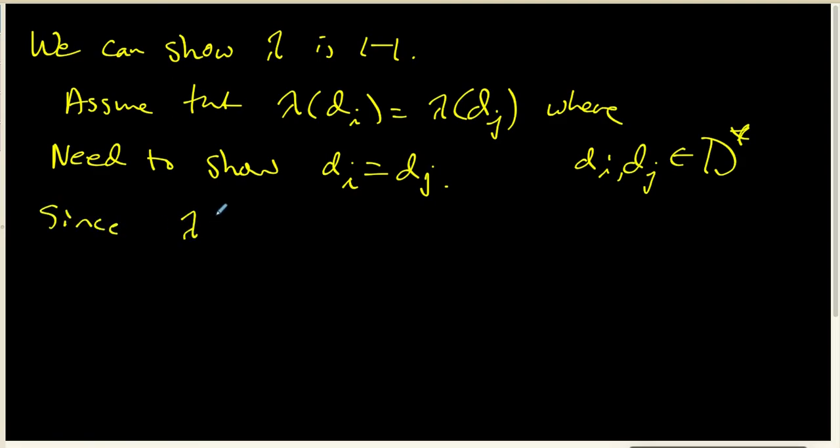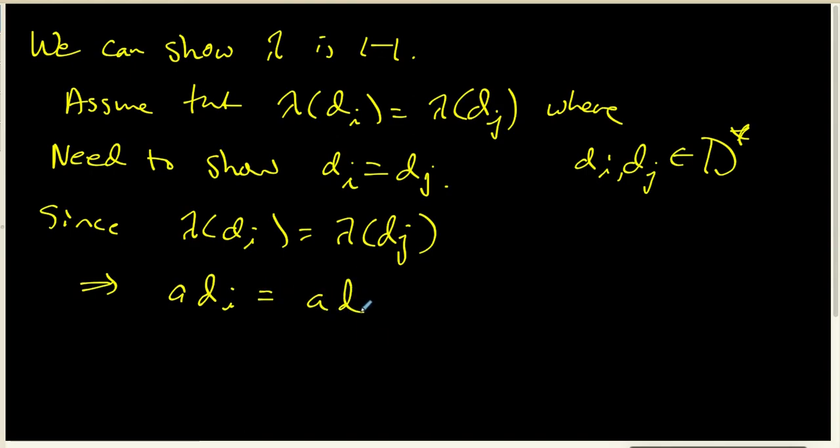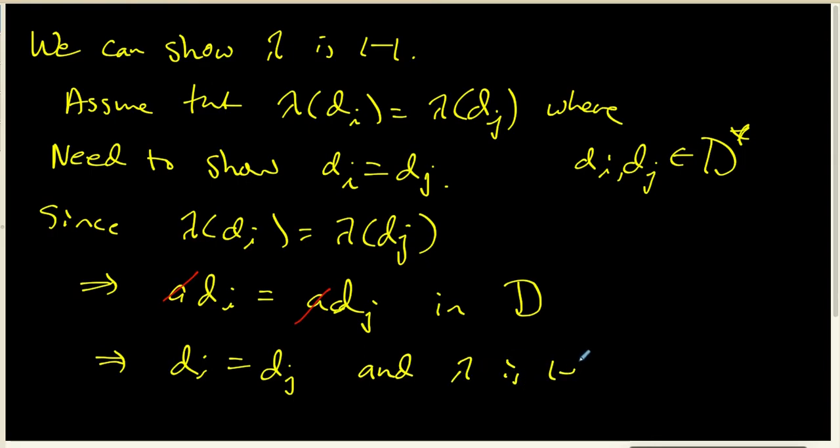Since lambda of di is equal to lambda of dj, that tells us that a times di is equal to a times dj, and this is inside our domain. And we know that because there are no zero divisors in a domain, that we have left and right cancellation laws, so these a's are gone, and hence we do know that di is equal to dj, and that says lambda is indeed 1 to 1.